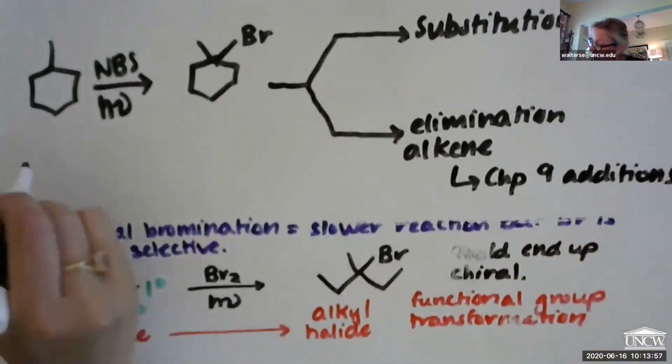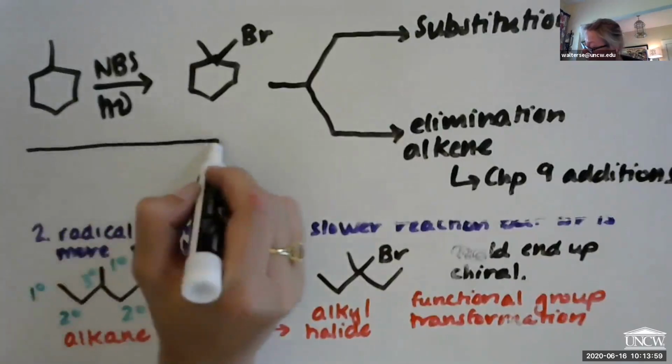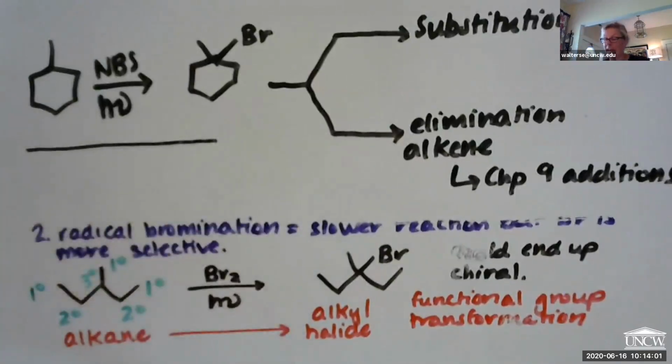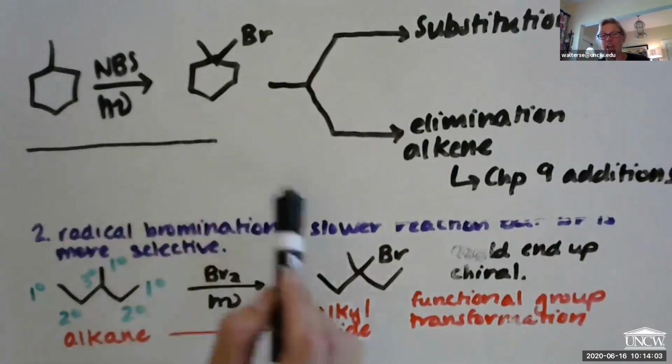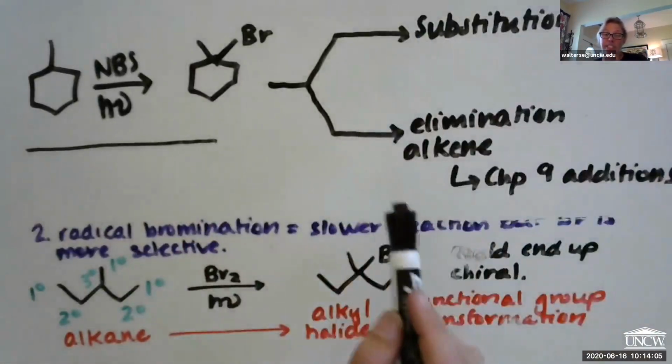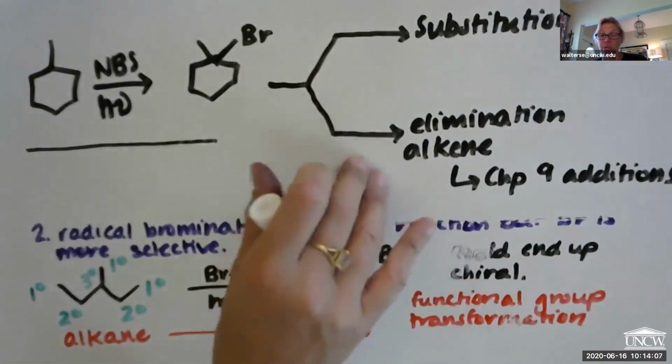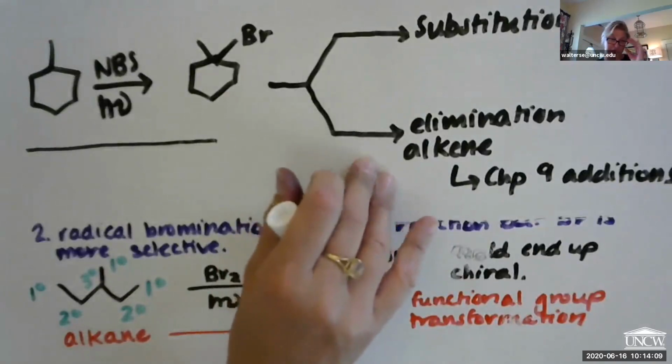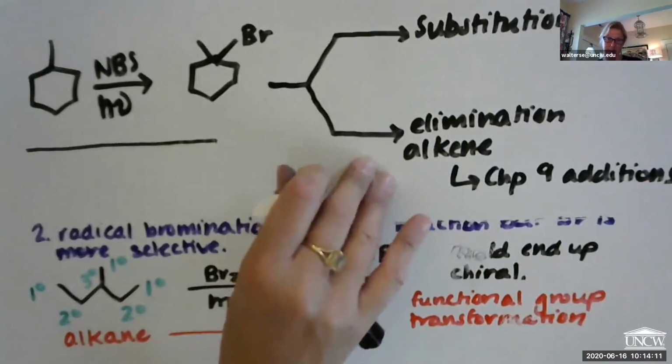So this step here of making this functional group transformation to end up with an alkyl halide brings you into a synthetic situation where you can do everything that you've learned this entire summer term.